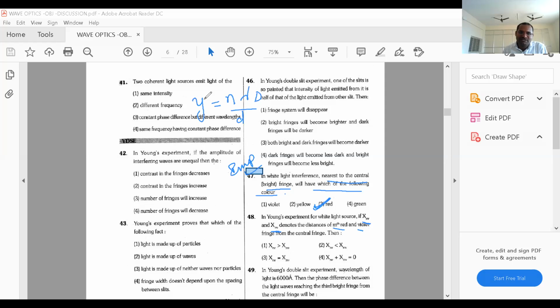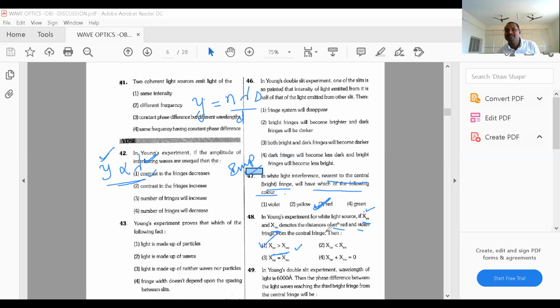So this distance y is directly proportional to wavelength lambda. More is the wavelength, more will be the distance y. Red color wavelength is more. So the distance of red color will be more compared to violet color. So the option will be XMR should be greater than XMV.